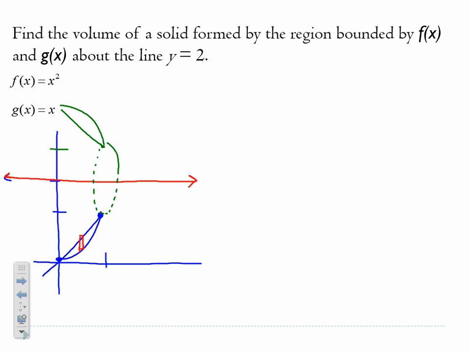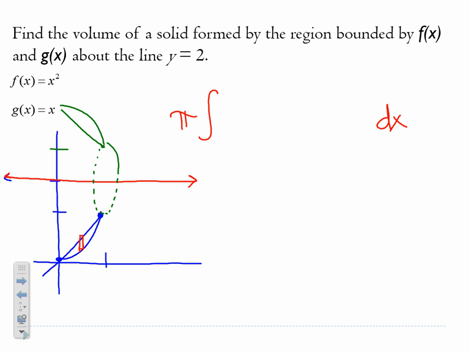Do you agree that we're going to have washers? We're going to have washers with thickness or height dx, correct? So now we need to focus on pi r squared h. Here's our pi, here's our h, now we need r squared. We have washers, so we need our outer radius squared minus our inner radius squared. Let's talk about our outer radius.